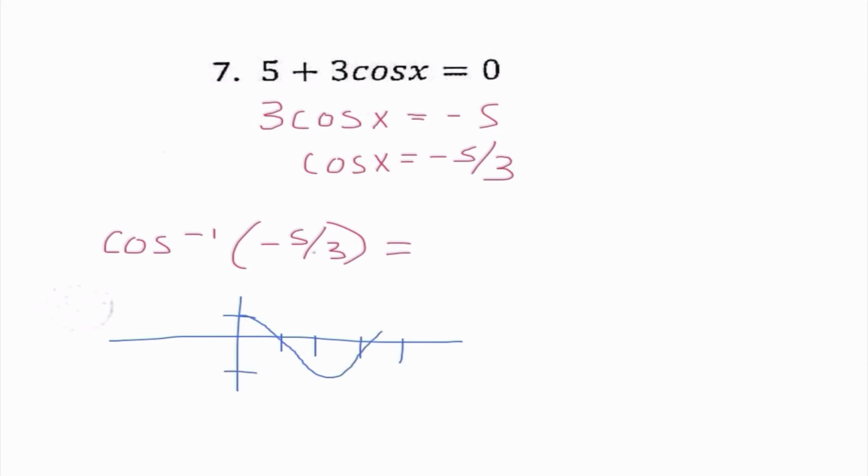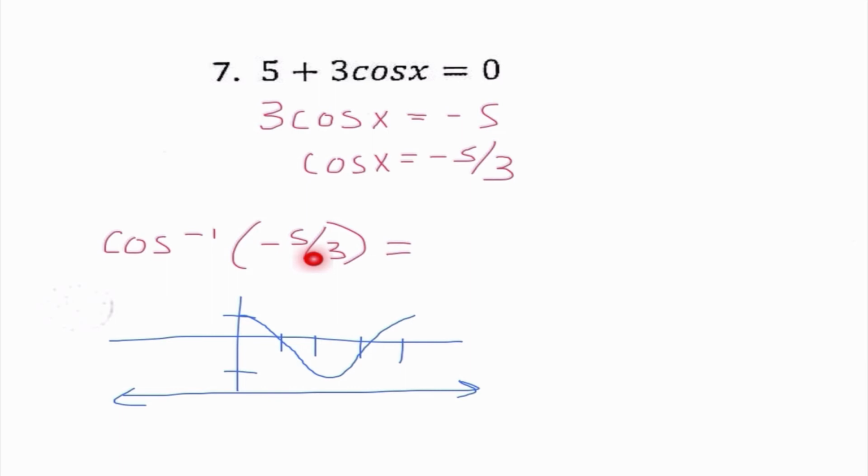Okay, I know cosine starts at 1, and negative 5/3 would be somewhere down here. And what I notice is that these two graphs never intersect. In fact, we've talked about this a little bit before, but sine and cosine can never be greater than 1 or less than negative 1. The reason being, our hypotenuse is the denominator, which means that that's the biggest side.